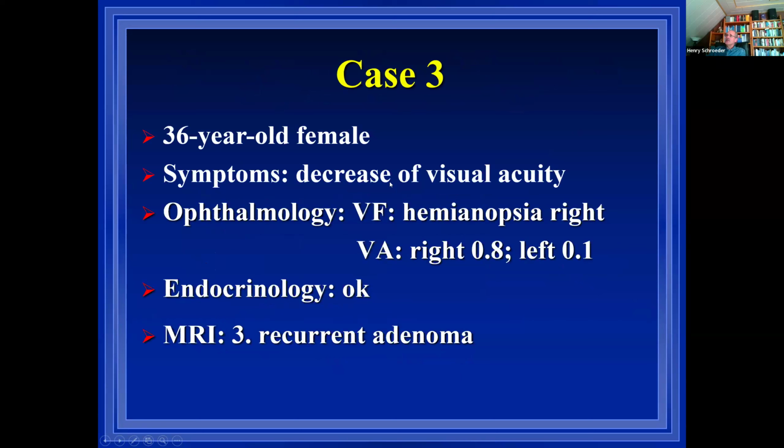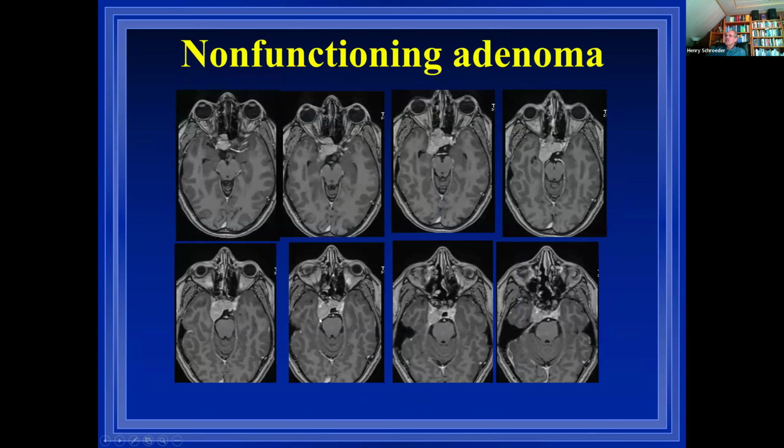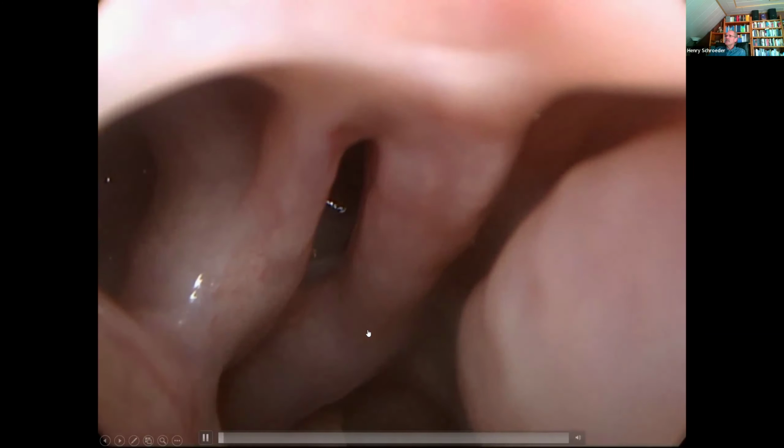This is a 36-year-old female with decreased visual acuity, endocrinologically okay, recurrent adenoma. You see the tumor goes far back in the cavernous sinus. It's not a big tumor. Here the stalk is pushed to the other side, but this is a problem: the tumor goes here in the cavernous sinus in the posterior compartment.